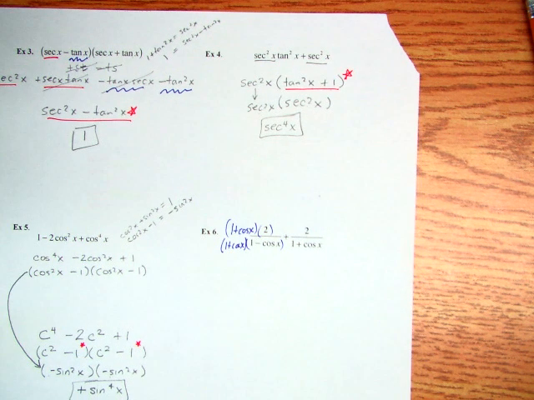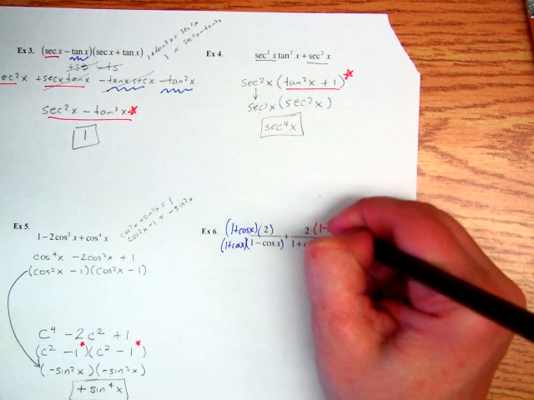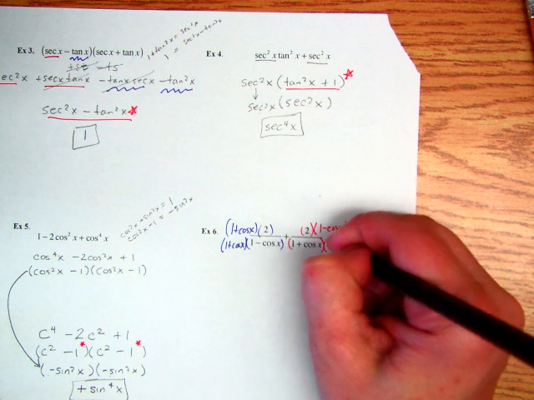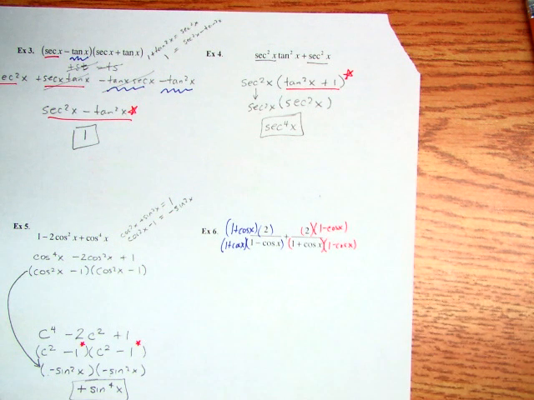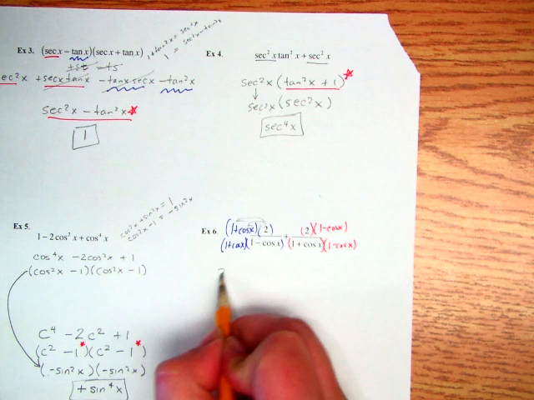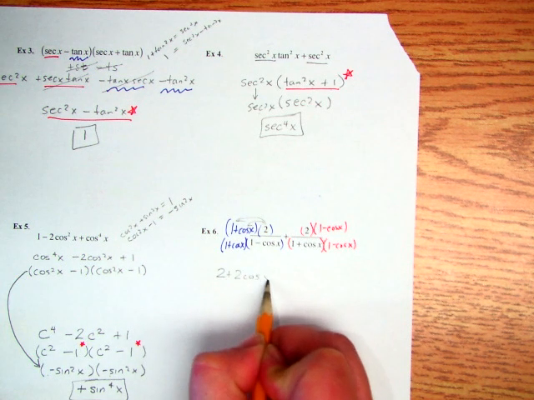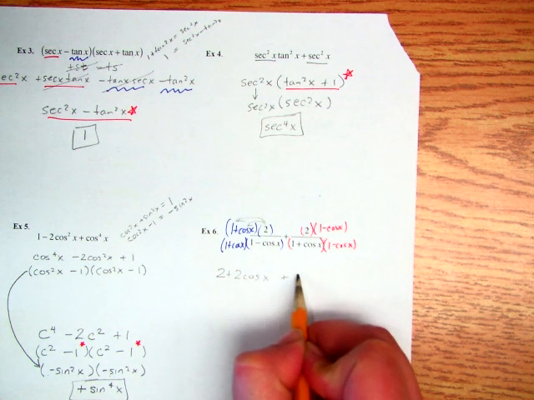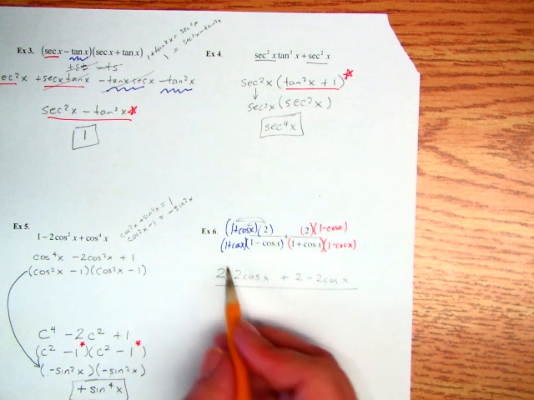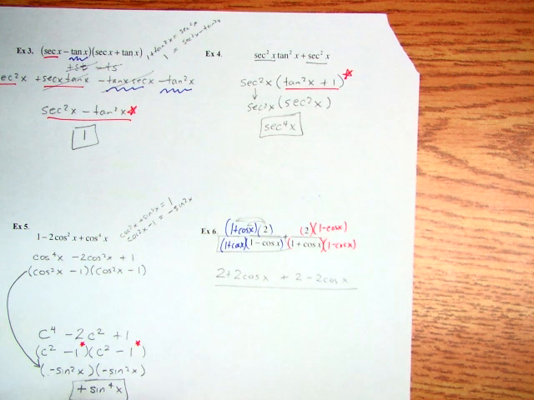In the second, I'm going to multiply by 1 minus cosine x. Distribute my 2 here and here. Distribute the 2 up top there. In the bottom, I'm going to FOIL. So I'm going to multiply these out.